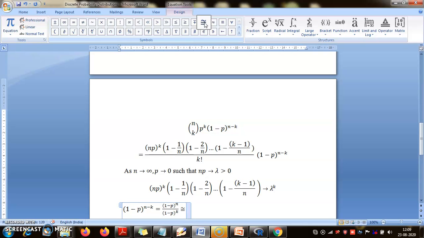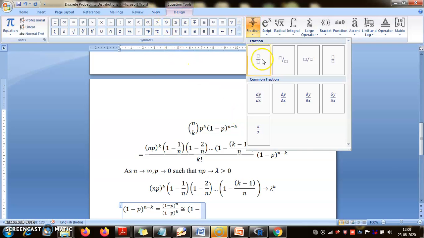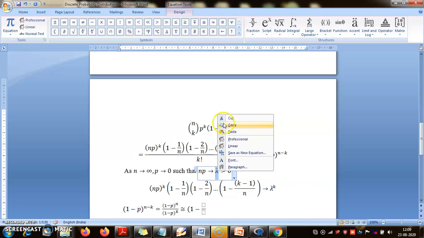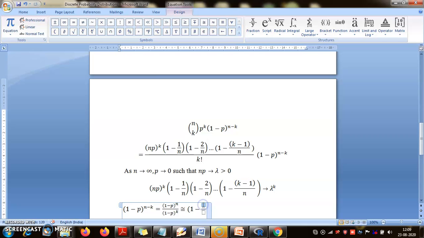So this is equivalent to 1 minus lambda by n. Why? Because np goes to lambda. So p is going to 0 in the same way as lambda by n would go to 0. Now raised to the power n.